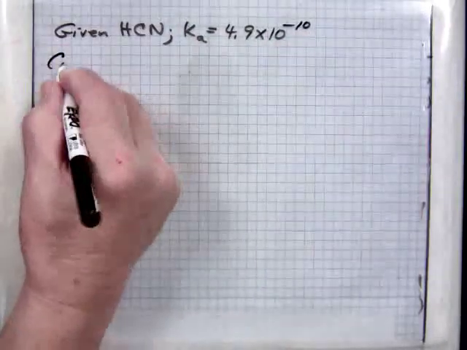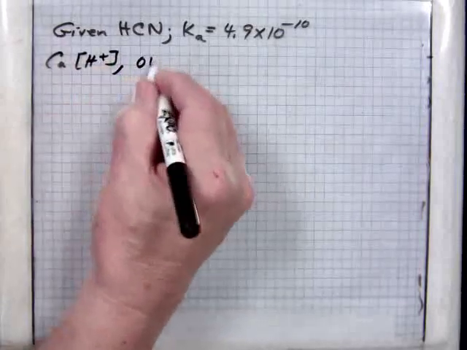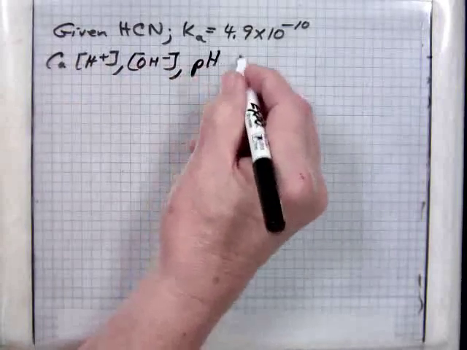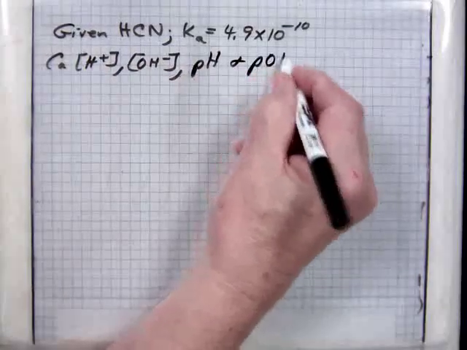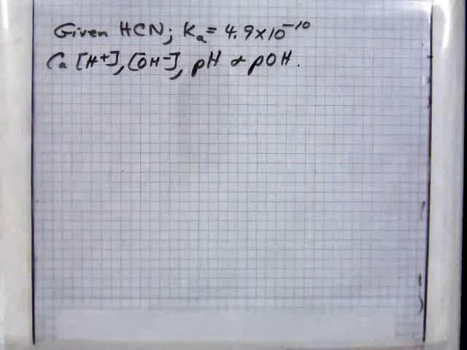Calculate hydronium ion concentration, hydroxide ion concentration, pH, and pOH. So this is condensing it down to the shortest possible route from start to finish. Where do you start? You start with the hydronium concentration.